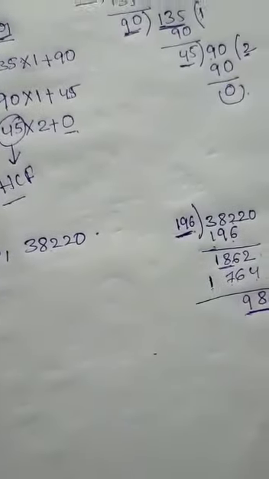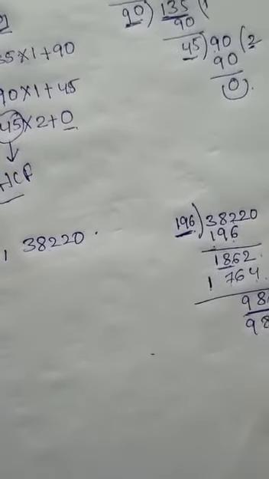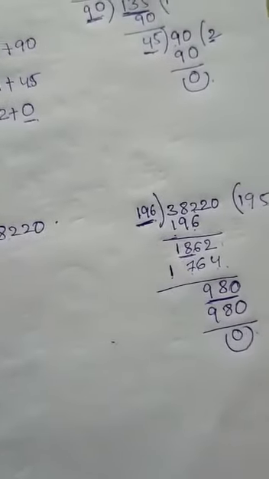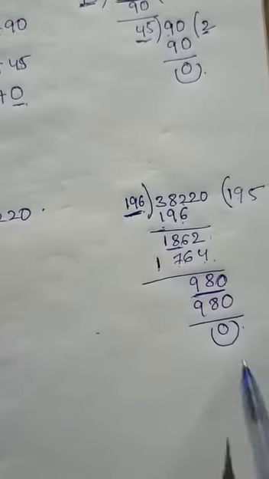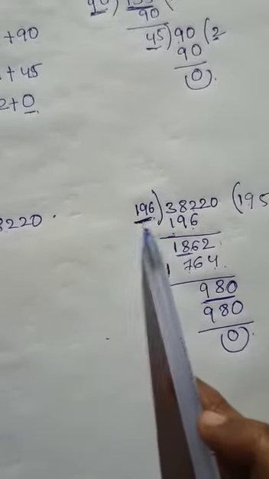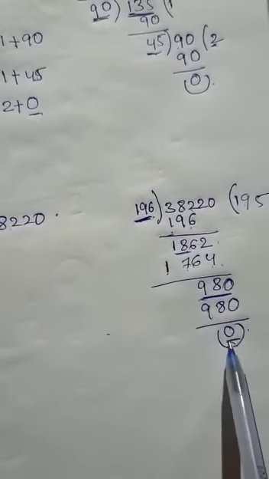196 five times is 980. This is 0, so it is exactly divisible by 196. We get 0.